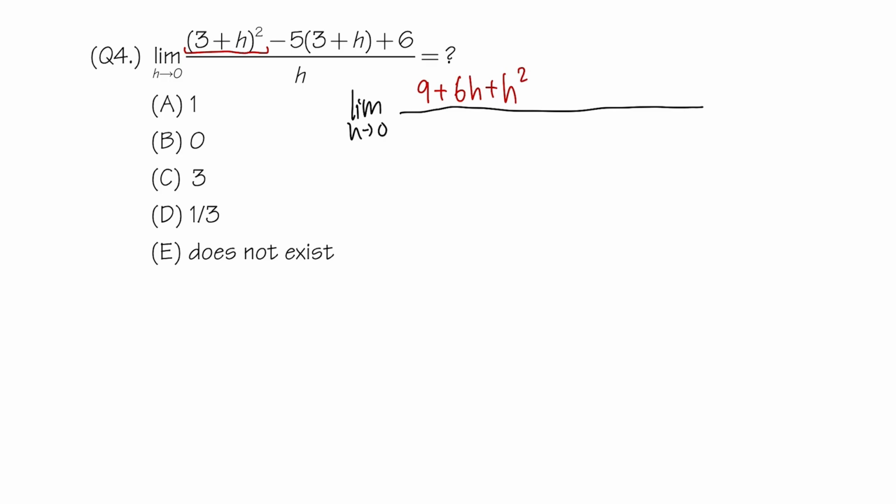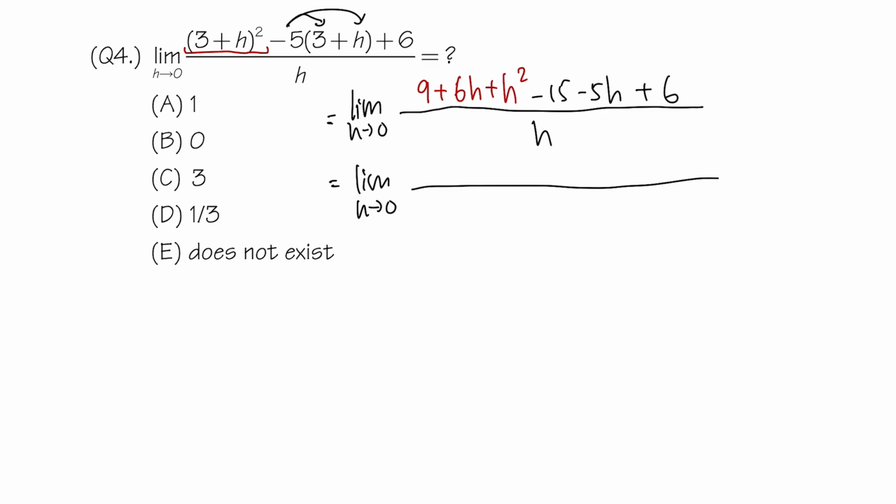Next, we distribute the negative 5 as usual. So we get negative 15 minus 5h. And at the end, we have the plus 6, all over h. This is the limit as h approaches 0.